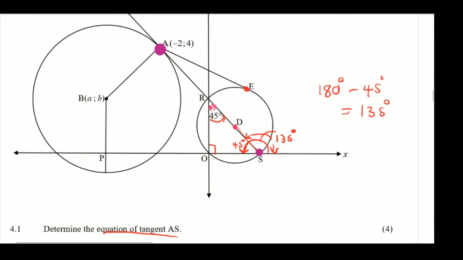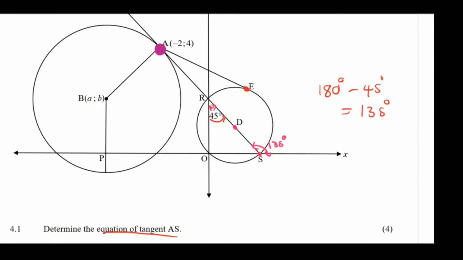So now we know the angle of inclination of the line of AS is 135 degrees, right? So if you write it properly, this is the angle of inclination, which is 135 degrees.